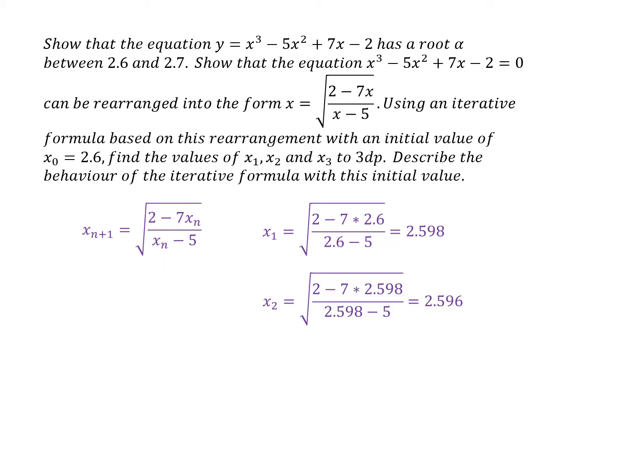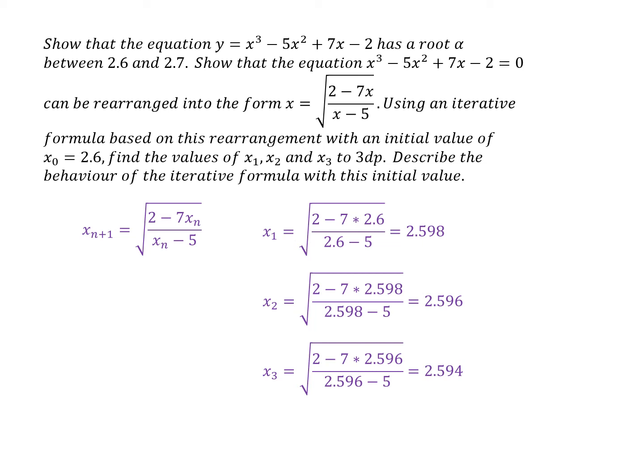So then I get that value. I'll repeat the process one more time with the unrounded value for x2 into this formula, and then I get a value for x3, which is that. So those are the 3 values that we're looking for, all rounded to 3 decimal places.